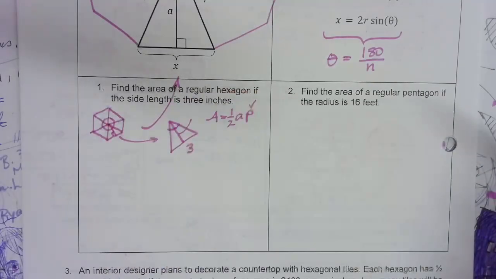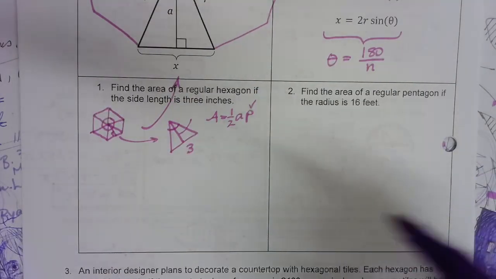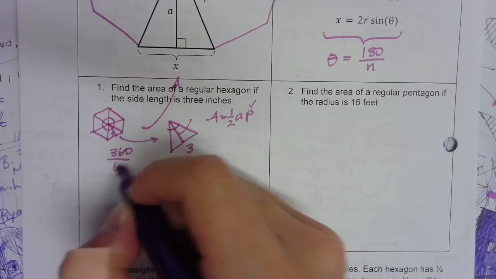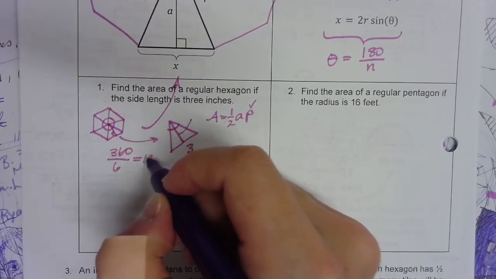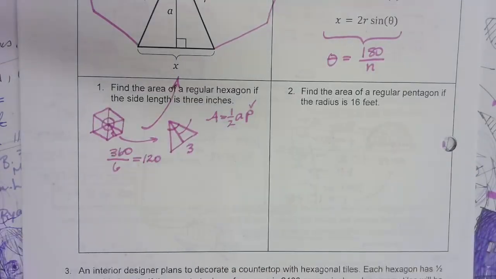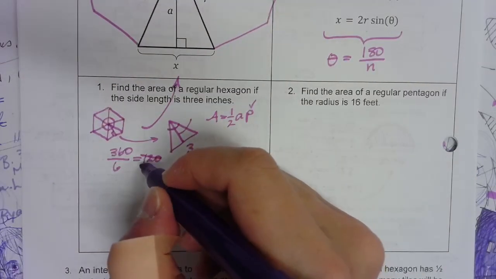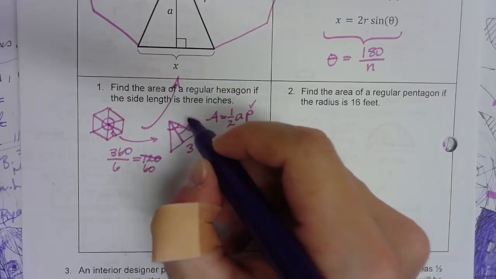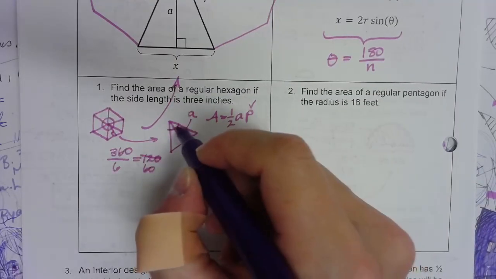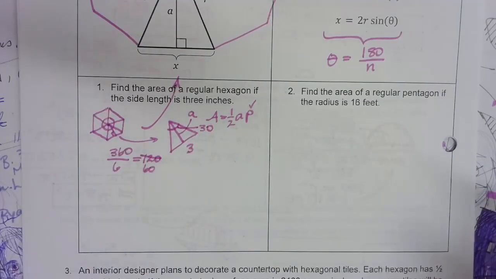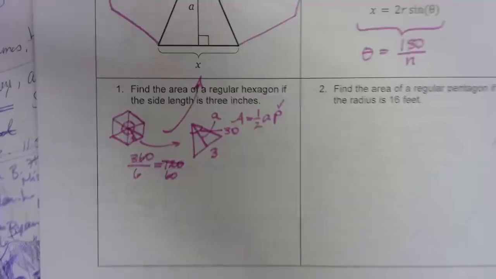In the center, the angles must add to 360 degrees. So for this particular instance, it's 360 divided by 6, which is 120, is the measure of each of these angles. That is not right. That should be 60. Sorry, guys. It's 60 for each of these angles. That means half of this in here, sorry, I meant to write A there earlier. This angle has got to be 30 degrees. Okay.